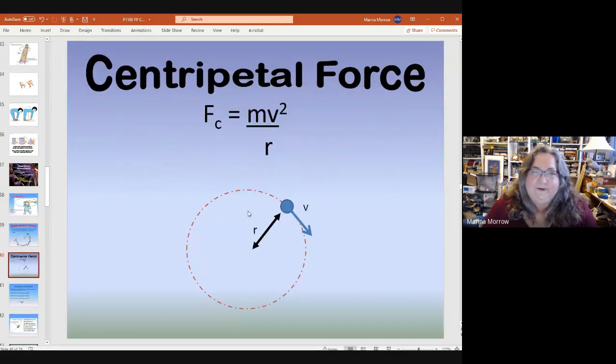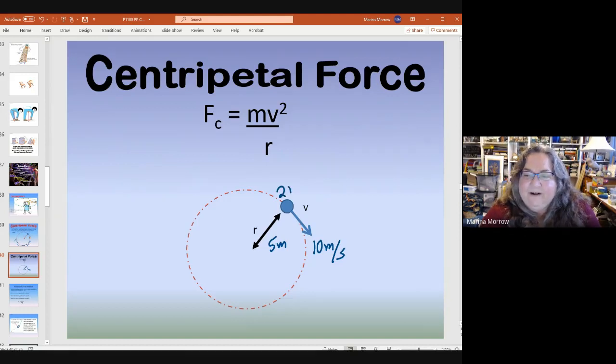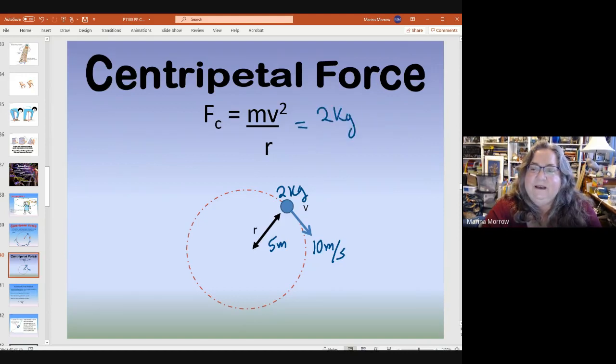Now, there's a formula for this, which is the centripetal force equals mv squared over r. So let's say we've got a velocity here of 10 meters per second, and the radius is 5 meters, and we have a mass of 2 kilograms. Okay, so we would just put that into the formula. 2 kilograms, 10 meters per second, and don't forget to square it.